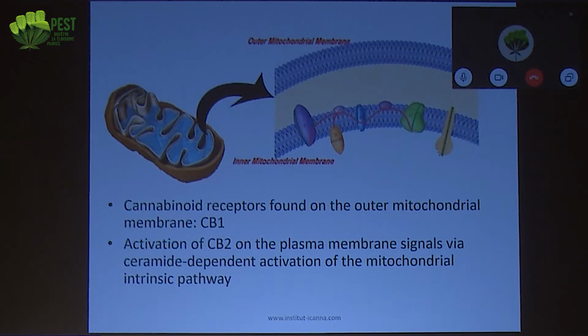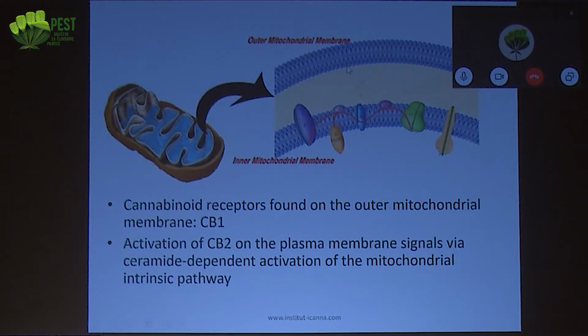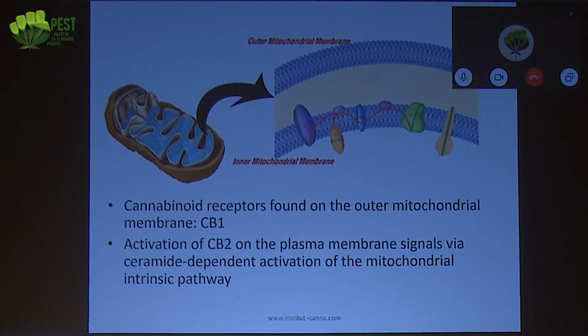So this is the receptor that is activated upon anandamide or THC or some other cannabinoids, is actually present on the outer surface of these organelles. Now this was first very surprising, but it is now proved beyond doubt that the mitochondria have CB1 receptor.